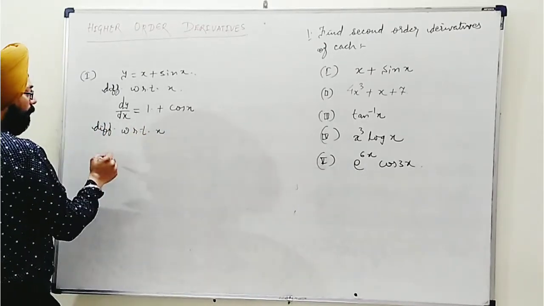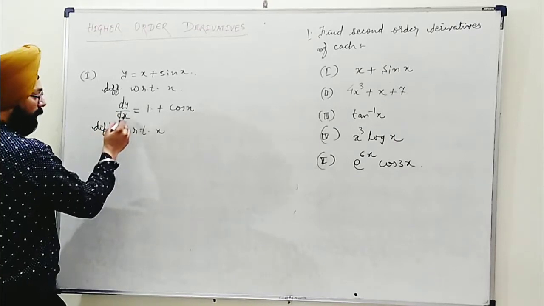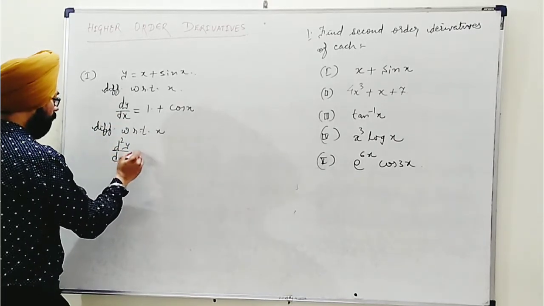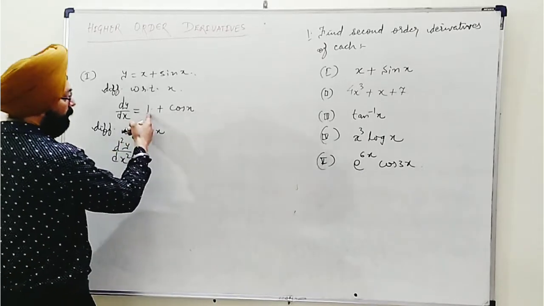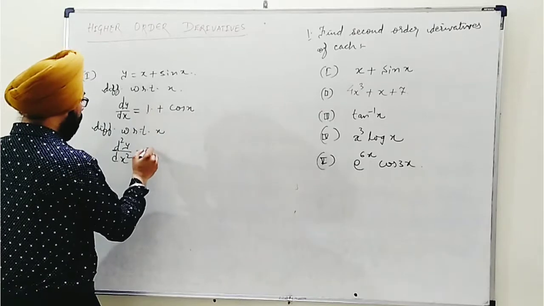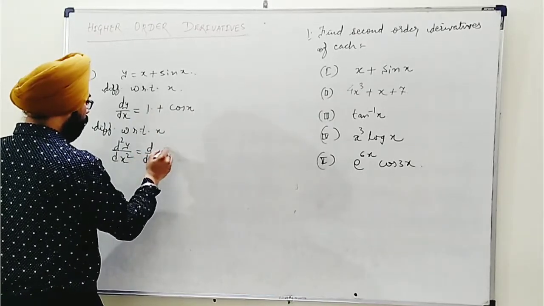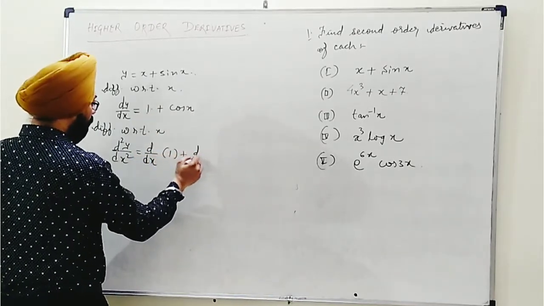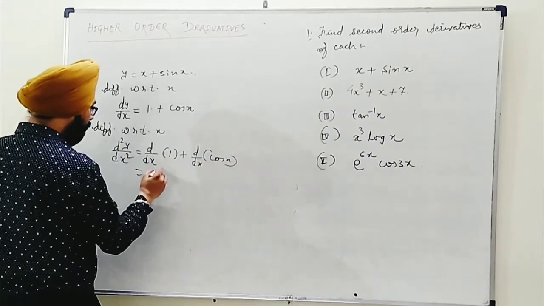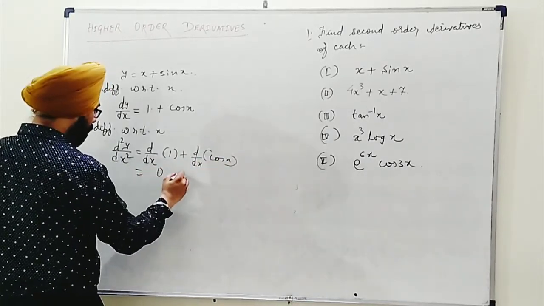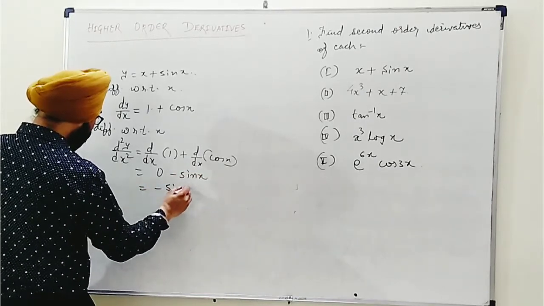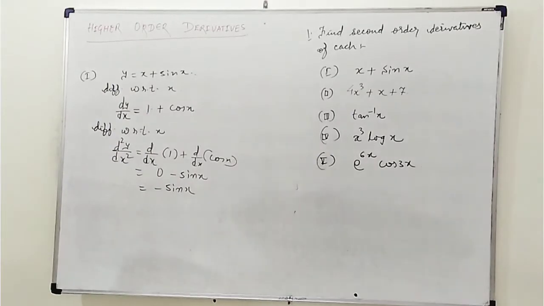This will be d by dx of dy by dx, so you can directly write d square y by dx square. By the rules, d by dx will go in each term: d by dx of 1 and d by dx of cos x. The constant becomes 0, cos x becomes minus sin x. So finally it's minus sin x.